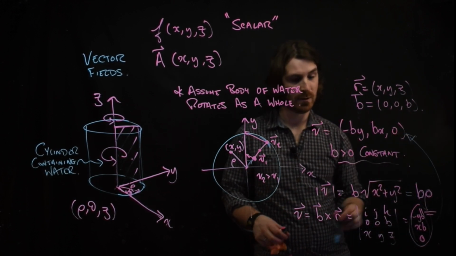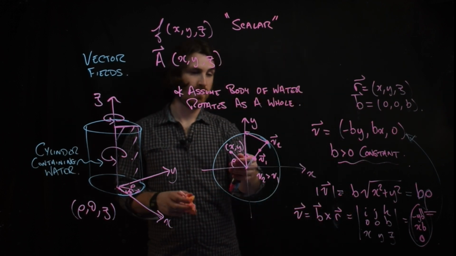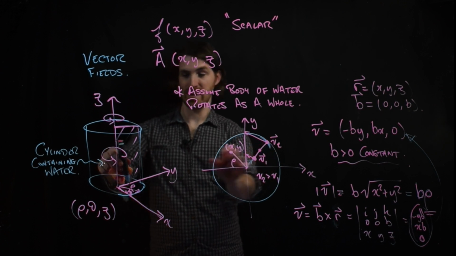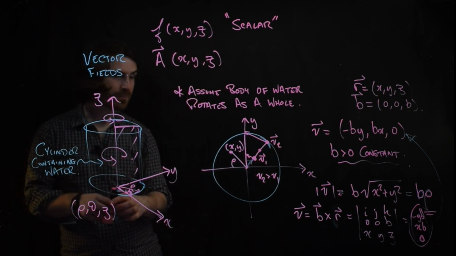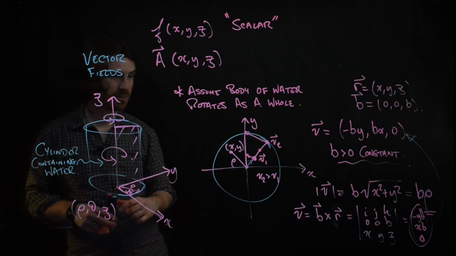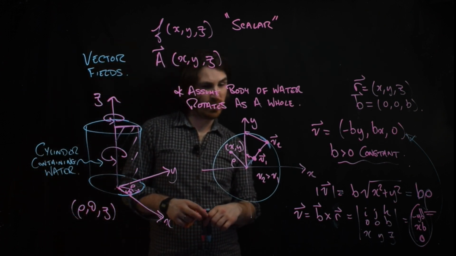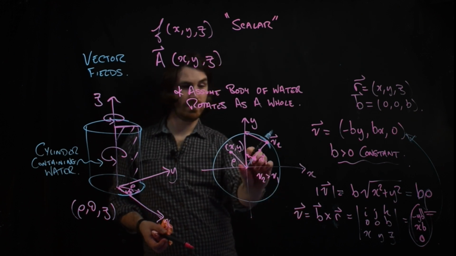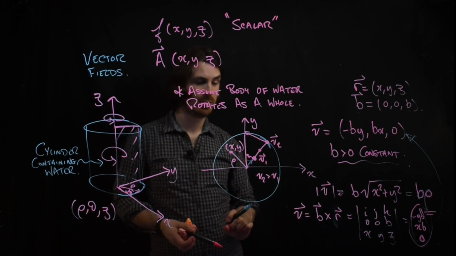All right, so we've seen that the velocity depends on the perpendicular distance from the z-axis. And we can also see that the velocity v is perpendicular to this vector rho also.